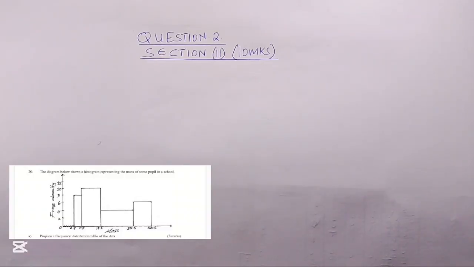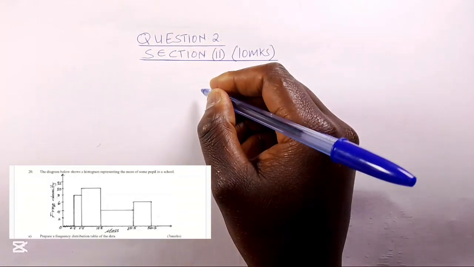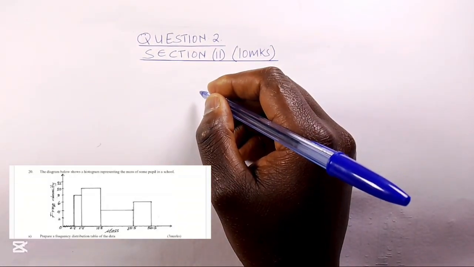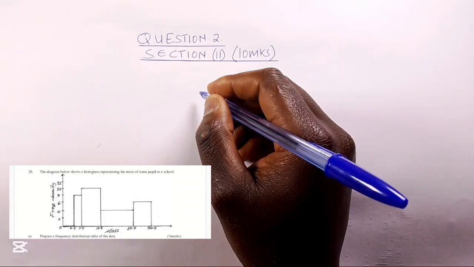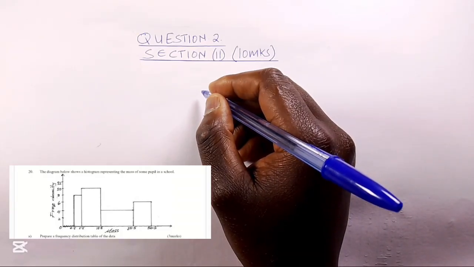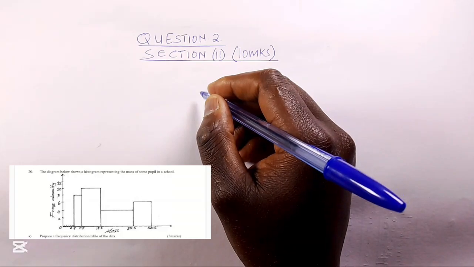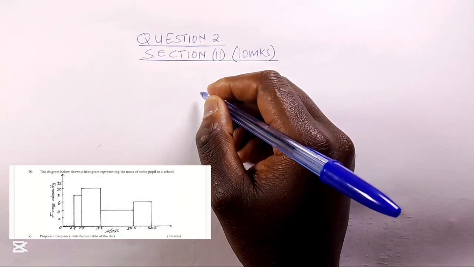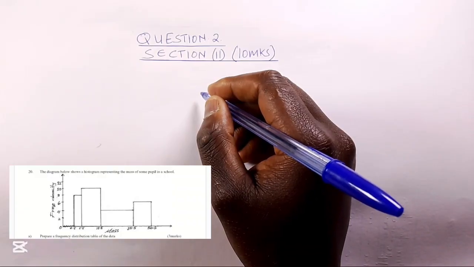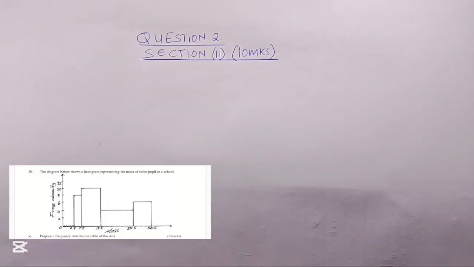It has been drawn on frequency density against the upper class limits. The first question asks us to prepare a frequency distribution table of the data. So in this case, we are reversing our process from frequency density to frequency and from upper class limits to class limits.